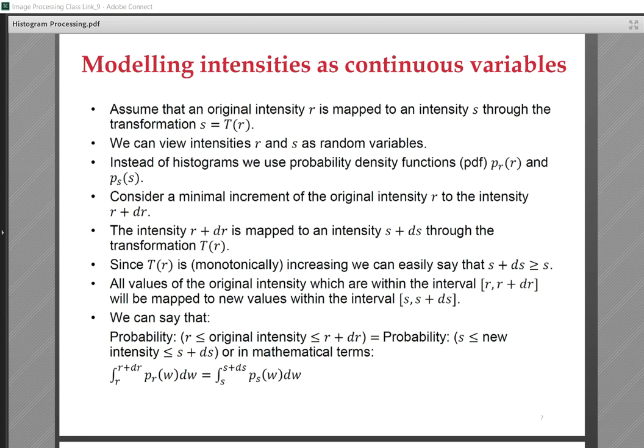All values of the original intensity within the interval R and R plus dR will be mapped to new values within the range from S to S plus dS.